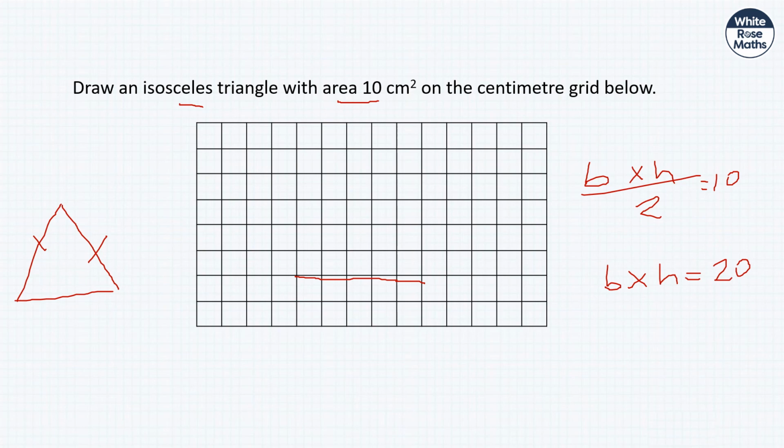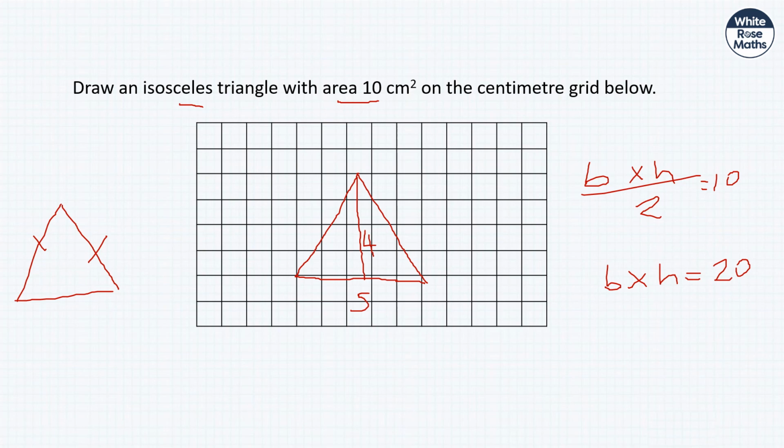So we'll have to put it bang in the middle here. There we go. So it'll be from there to there, from there to there. This is 5. The height is 4. 5 times 4 is 20, so that is one possible answer.